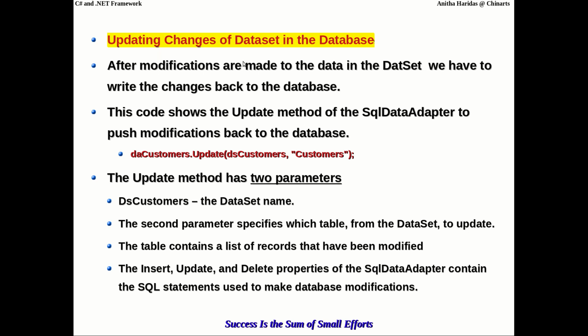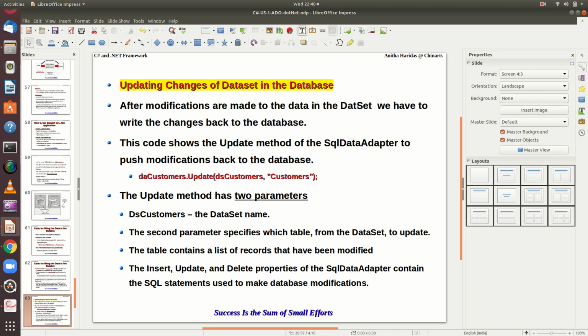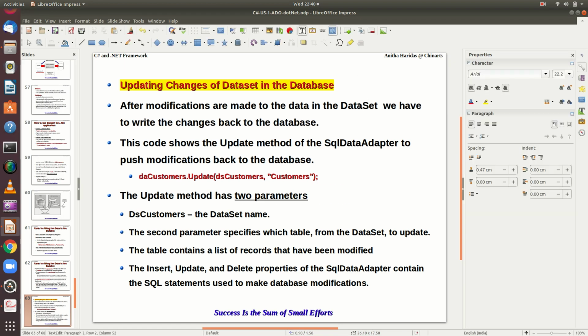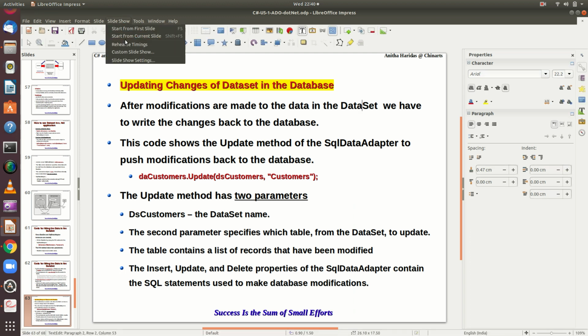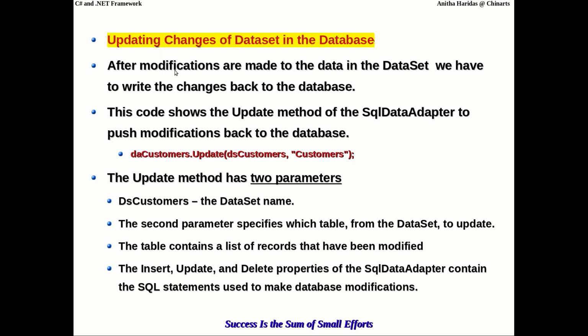Whenever you do modifications in the data set, after modifications are made to the data in the data set, we have to write the changes back to the database. So this is the code which you will be using for updating the database.